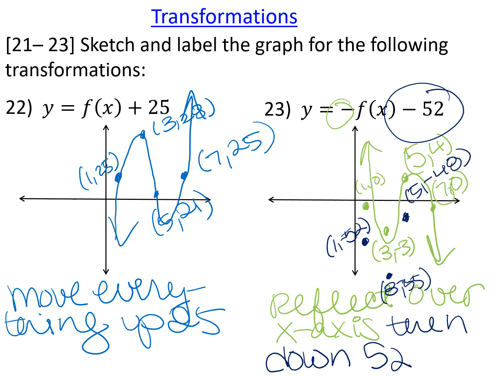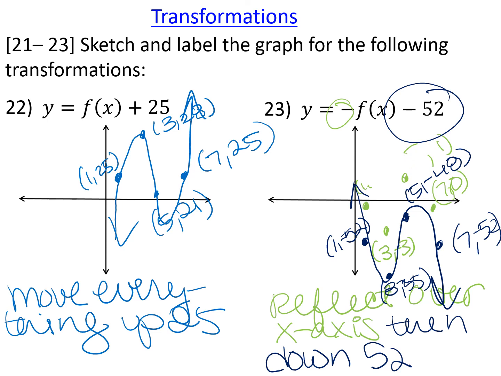And then that 7, 0 would now be 7, negative 52. Then it's going to connect with that same reflective pattern. If you wanted to, you could then go back and erase all of the green stuff if it's cluttered.